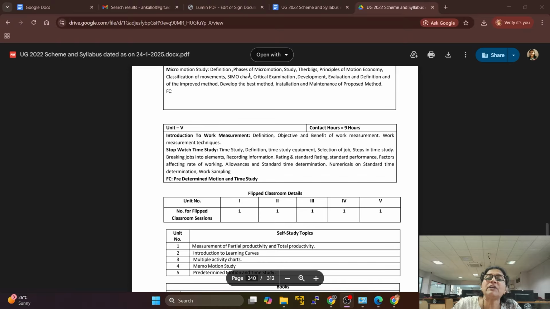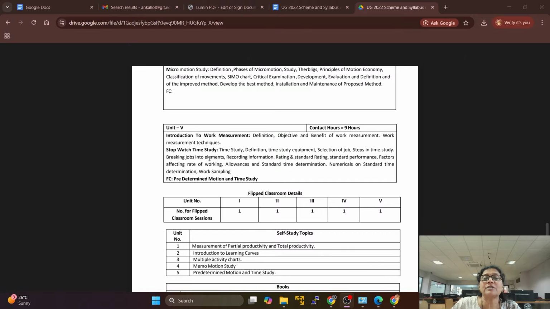And once you develop the best method of doing the job, you are going to install it in the organization. Once you install it, then you go to the next unit, that is introduction to work measurement. Once you have developed the best method by conducting the method study, then work measurement comes into the picture. Work measurement is nothing but applying various techniques to establish the time required to complete the job, which is already method studied and doesn't have any non-productive elements.